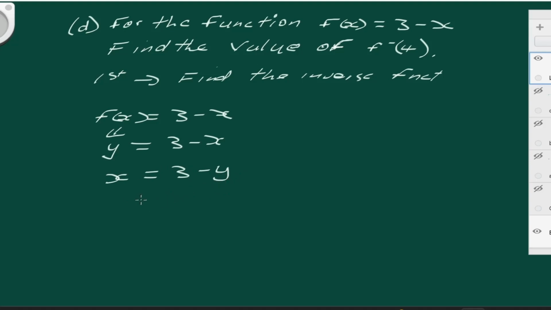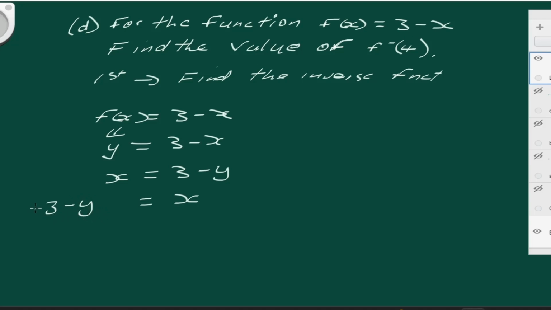To make it easy for us to work with, we're going to flip the equation, putting the right hand side on the left hand side and the left hand side on the right hand side. We do this so that we have y on the left hand side, as we want to make y the subject of the formula, and the subject of the formula is usually but not always on the left hand side. So we already have it on the left hand side here.